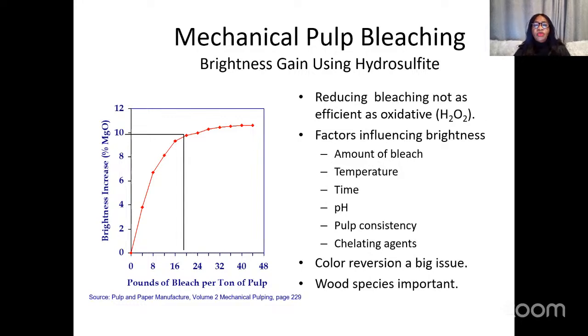At that moment, if you continue adding bleaching agent, you're just wasting it. Of course, you know it attracts cost. So this is how far the bleaching can go, about 18 pounds of bleach per ton of pulp. That is the best it can go. After that, it's just a waste of material.